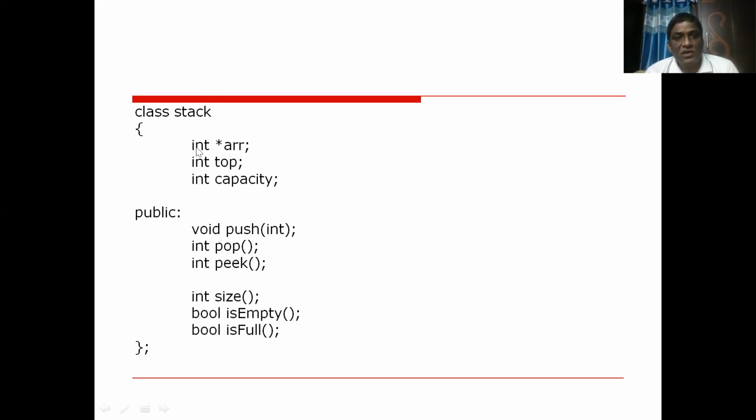It means once you declare all these operations and the data, you have to define all these functions outside this class. Then the ADT will be fully implemented. Okay, so this shows a sample ADT where you mention the data followed by the set of operations, not the implementation details, right? So this is about ADT, abstract data type.